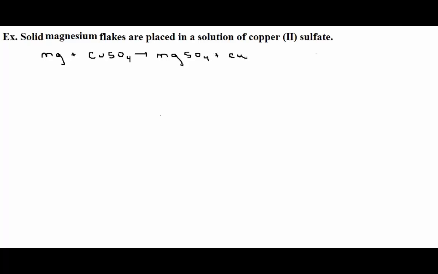Now, let's write the complete ionic equation for this. It's going to be magnesium still. Copper sulfate is soluble, so it's going to be Cu2+ and SO4 2-. And magnesium sulfate is also soluble.